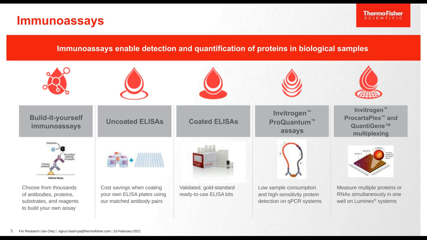For research purposes, the extensive portfolio of Invitrogen branded immunoassays meets a wide range of needs. So from build-it-yourself immunoassays by choosing from our large selection of antibodies, proteins, and other reagents, to ELISA kits for single target protein measurement, including coated-yourself ELISA kits with matched antibody pairs as an affordable option for less stringent requirements, to validated ready-to-use ELISA kits, and newer platforms like ProQuantum, which are highly sensitive, homogeneous assays with low sample consumption, using proximity-based qPCR amplification for protein target quantitation on any PCR instrument.